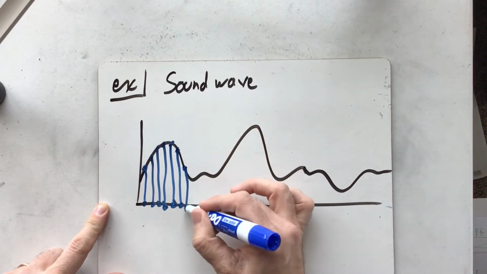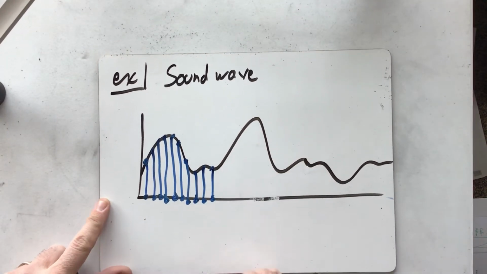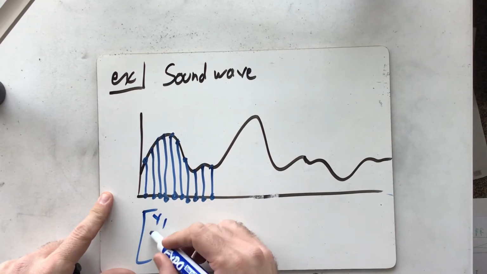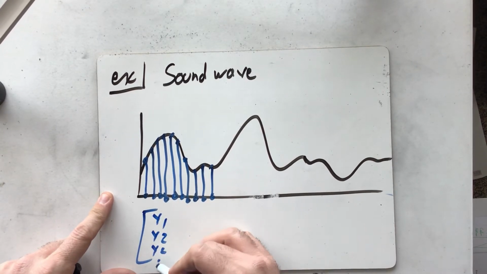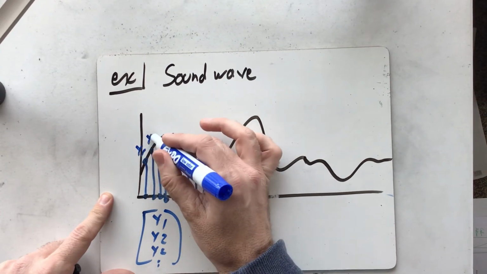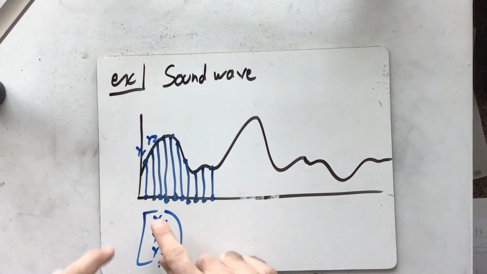And then we're going to think of this as a very large vector, made up of all the heights, y1, y2, y3, where y1 is the first height, y2 is the second height, etc.